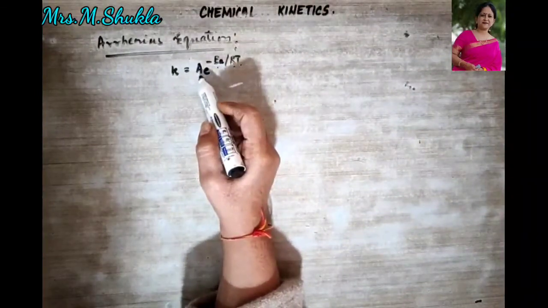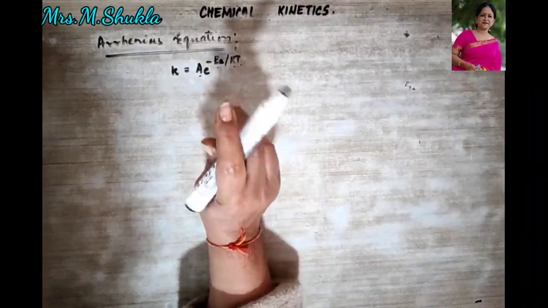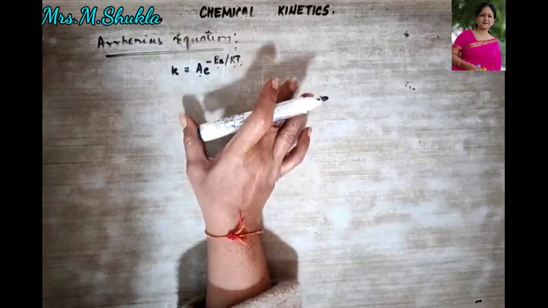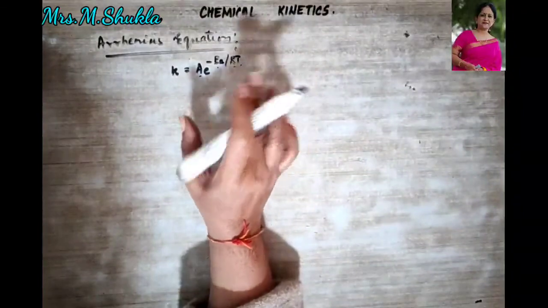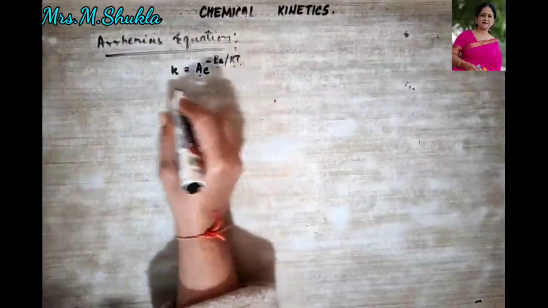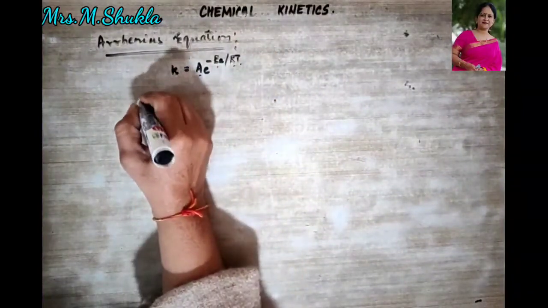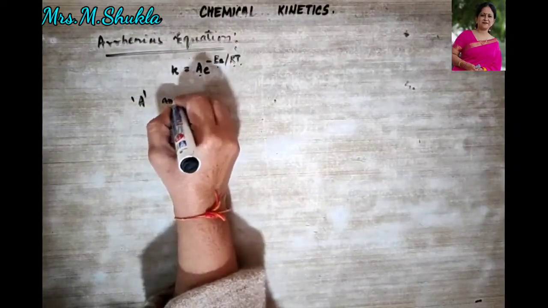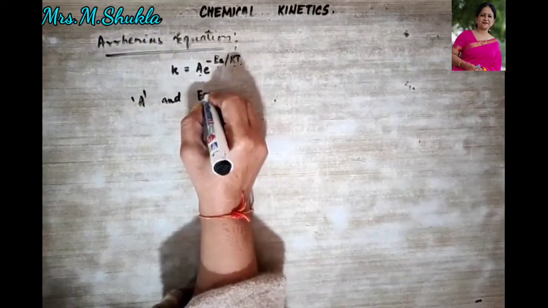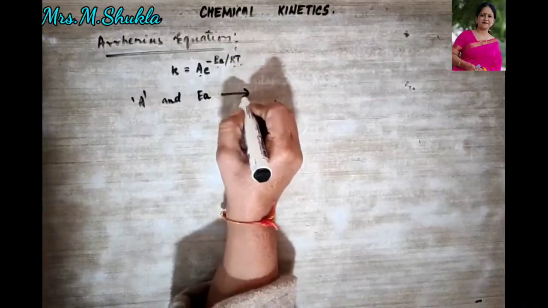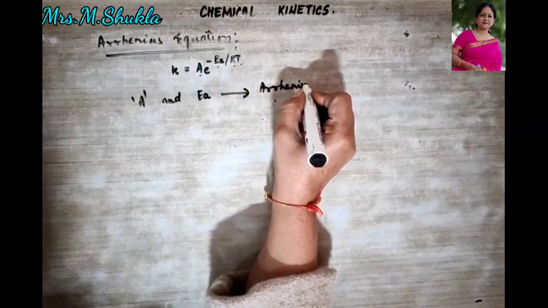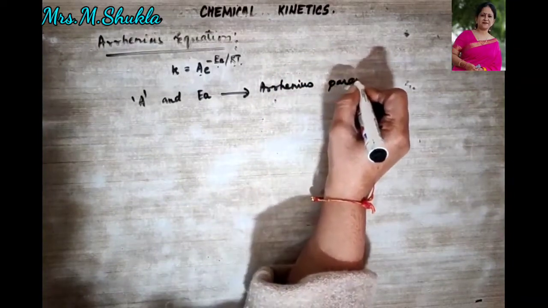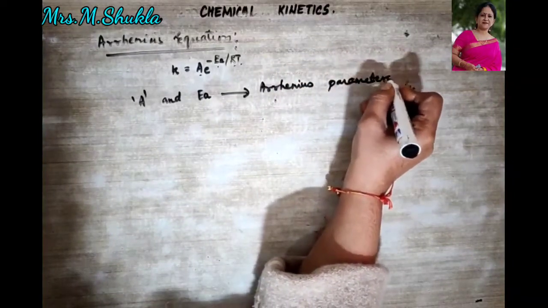Now, the value of A does not depend upon the temperature, nor does it depend upon the catalyst, right? So the two quantities over here, that is A and the activation energy, are collectively termed Arrhenius parameters. Okay, what are they called?